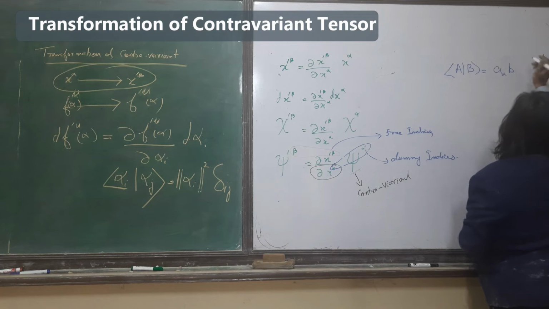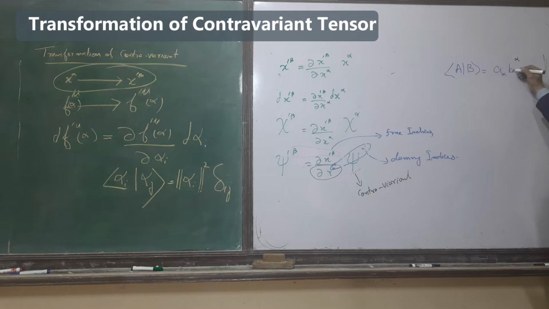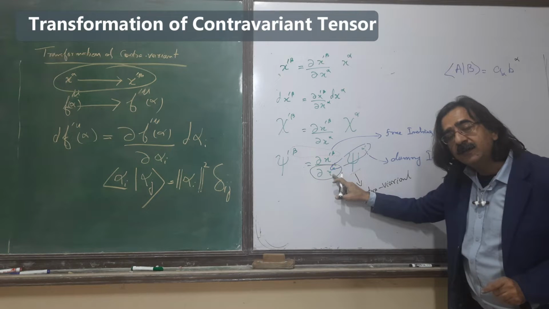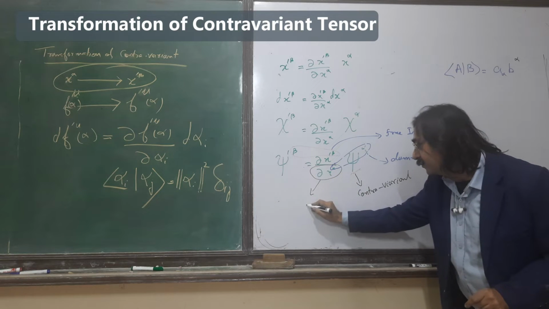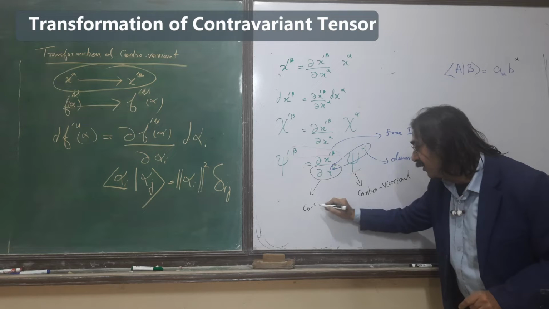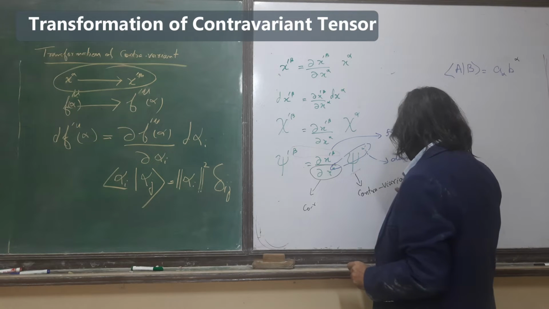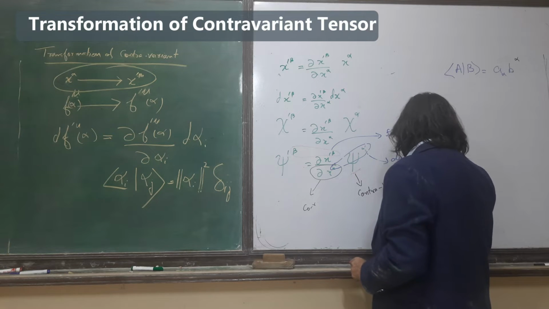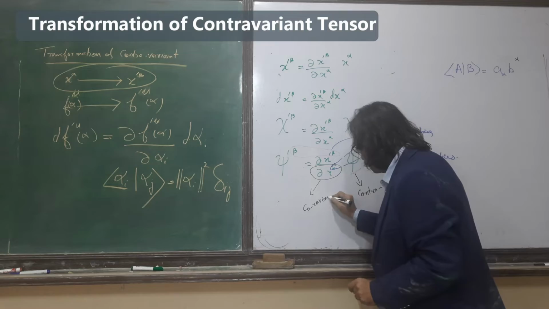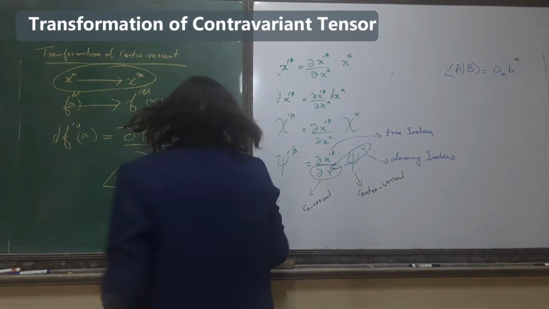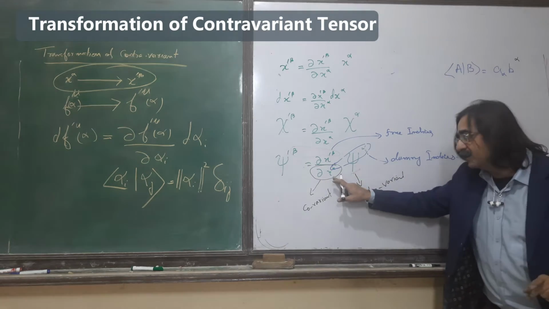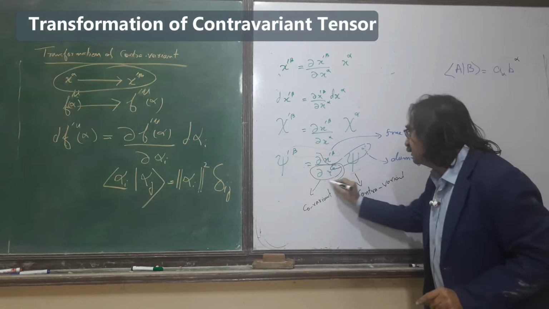Sorry, I was wrong. Both of these are free indices, so there is a summation. We have studied that a contravariant must be contracted with a covariant. If this is contravariant, this will be covariant. That's why this derivative will be treated as covariant.